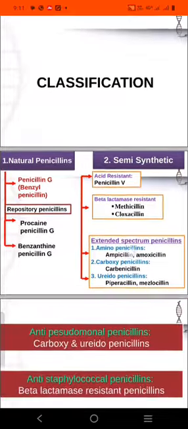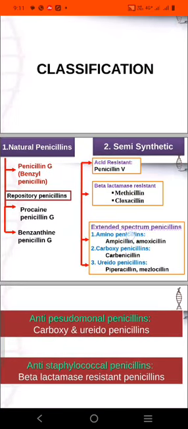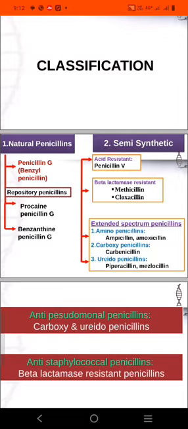Okay, so now we see the classification of penicillin. We can classify the penicillins into natural penicillins, that is obtained from Penicillium chrysogenum, penicillin G, this is otherwise known as benzyl penicillin. Then semi-synthetic penicillins, in that we have acid-resistant penicillin.